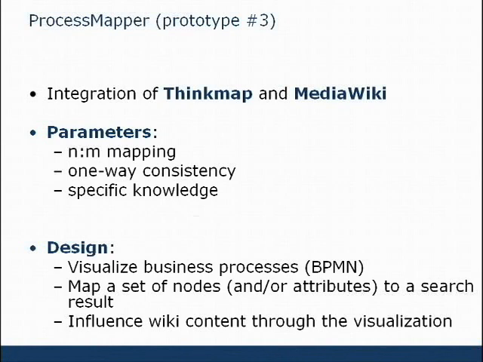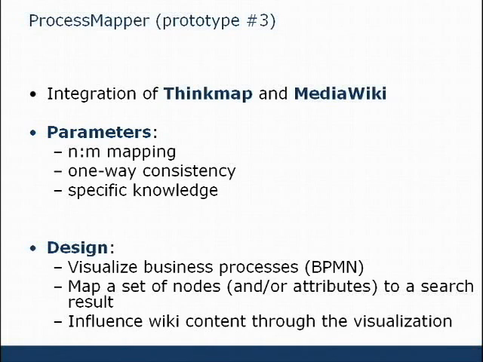The third one was, again, an integration of ThinkMap. So we've used this in all three applications because it's reasonably convenient to program with. And this is an integration of ThinkMap, this time with MediaWiki, with an end-to-end mapping, one-way consistency, and quite specific knowledge. In this particular case, what we've got is a visualization of a business process.